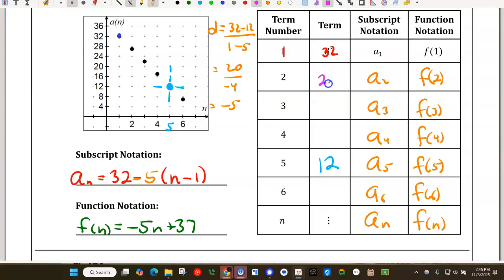So minus 5, 27, 22, 17, and 7. Okay, double check that when you're ready.